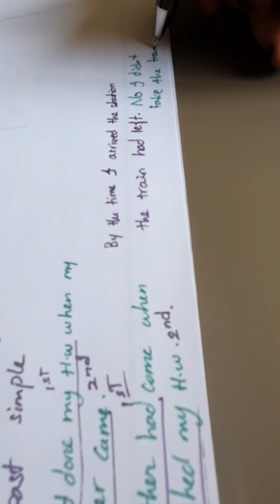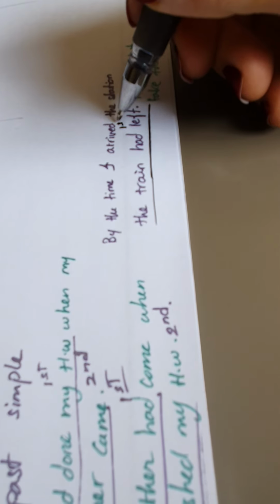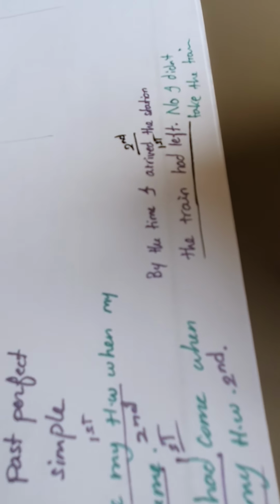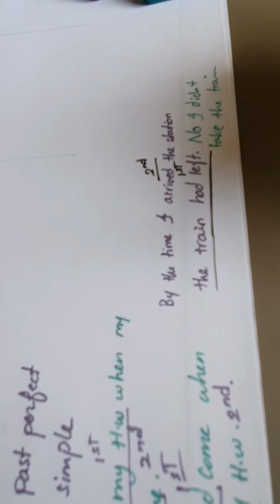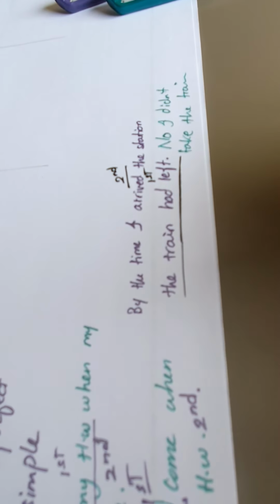Why? Because what happened first here? The train had left is first, and this is the second. So it is very useful in your writing and in telling stories, to show which action happened before the other one. The first one takes past perfect, the second one takes simple past.